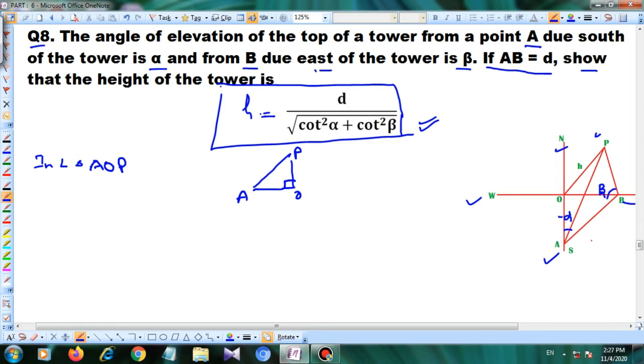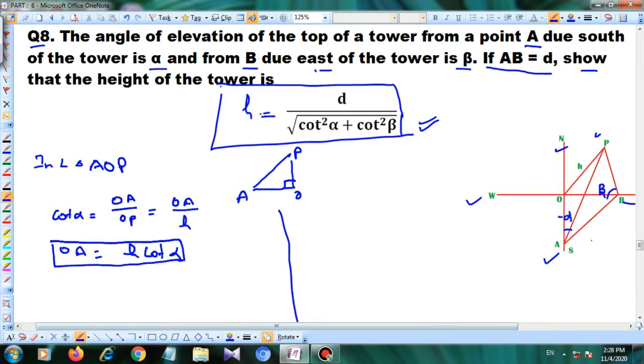So here cot alpha equals OA upon OP. OP is H, so it will be written as OA upon H. It means the value of OA will be H cot alpha. Clear? This is our first equation.